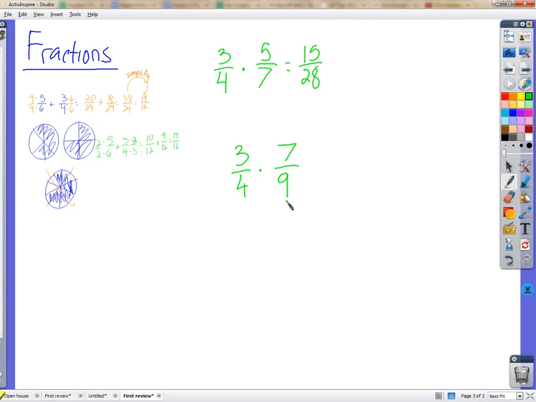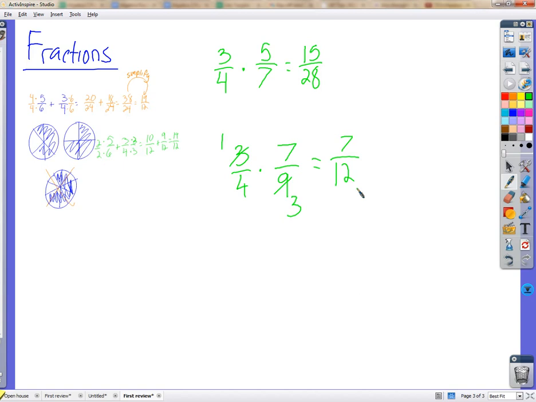So if there's any common factors between this numerator and this denominator, since they're all about to become part of the same fraction, you could cancel them like that, which saves us just a little bit of time. Because it's easier to cancel 3 with 9 than 21 with 36. I'm trying to find that common factor.